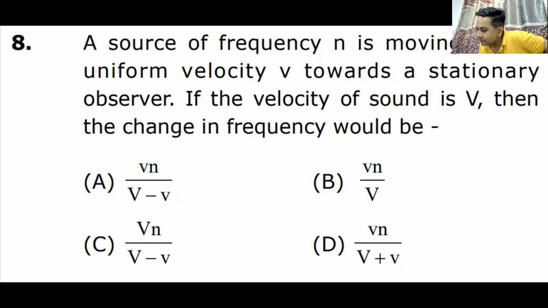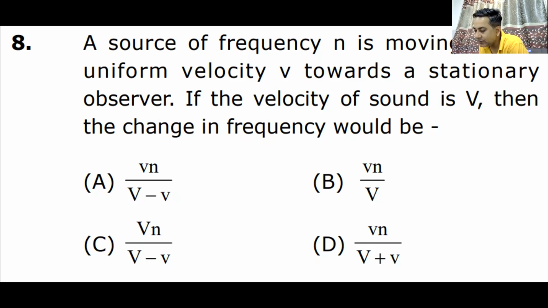And the answer is A. How do you get A? A source of sound is moving with a uniform velocity v towards a stationary observer. That means this is case number 1.